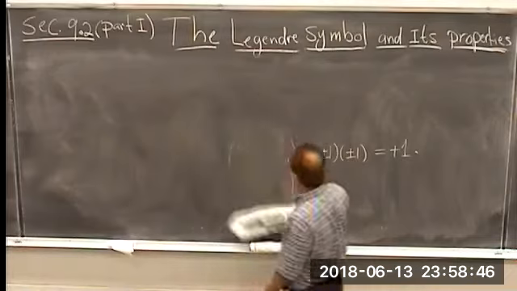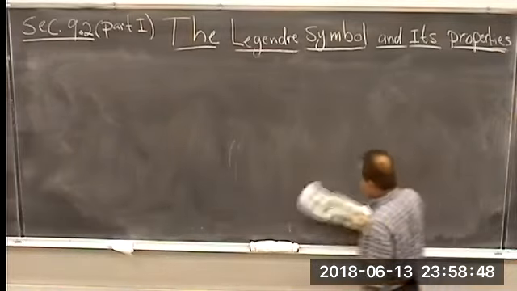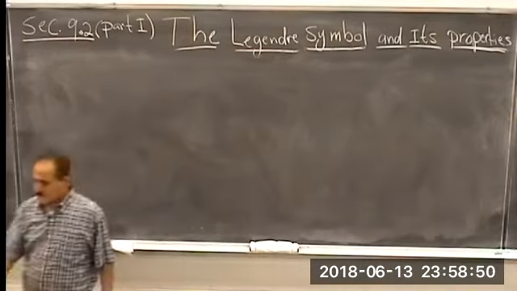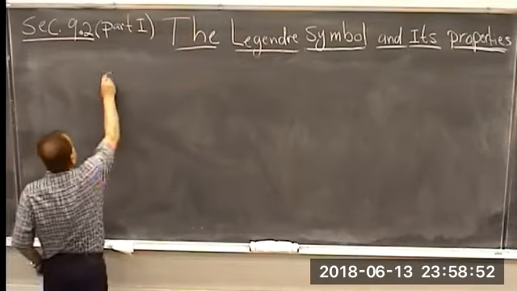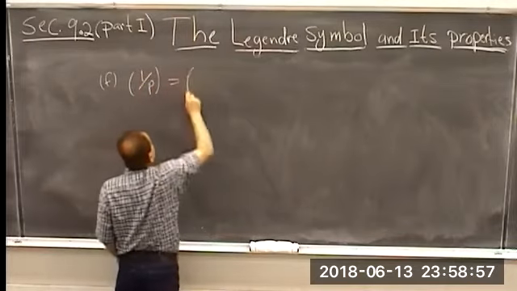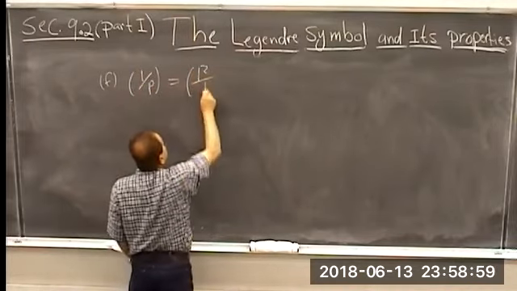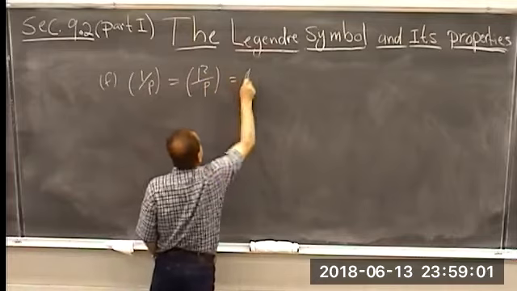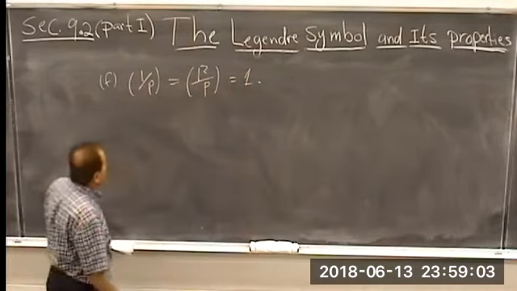The Legendre symbol of 1 over p, which is this, I can write it as 1 squared, and we saw this is always equal to 1. How about negative 1?